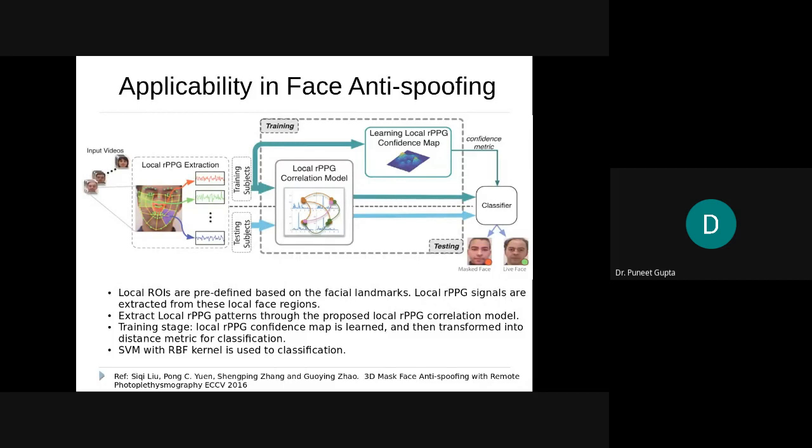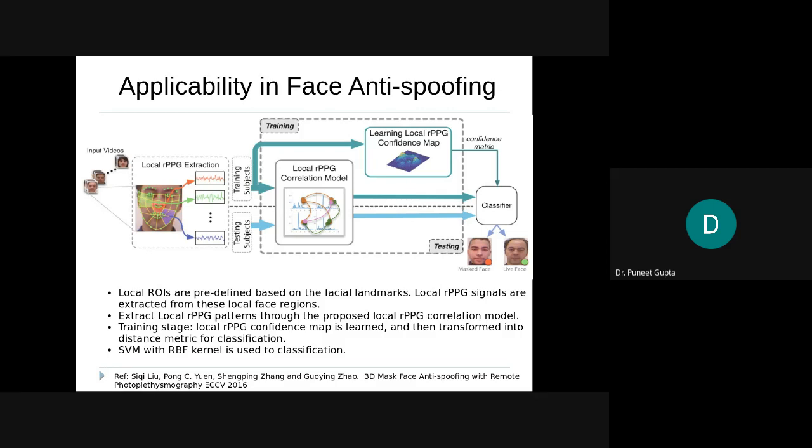So what you can do is use the correlation between these temporal signals. In the case of a real face, this correlation should be high, because most of the information they contain is pulse signal information. But if you have a face mask, then most of this information is noisy, and in that case the correlation between these different temporal signals is low.